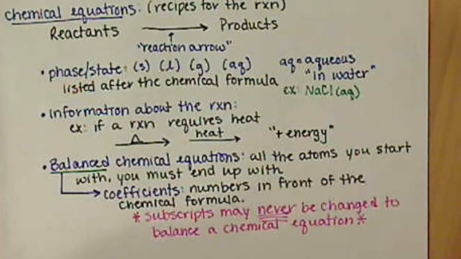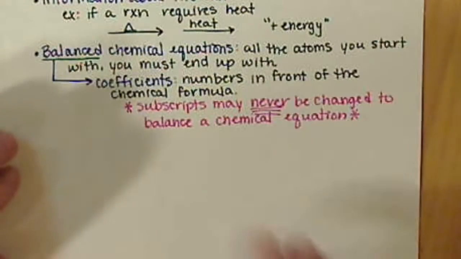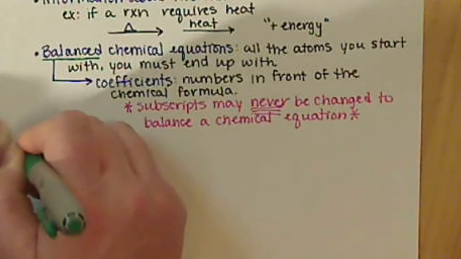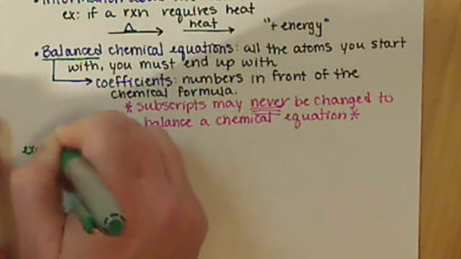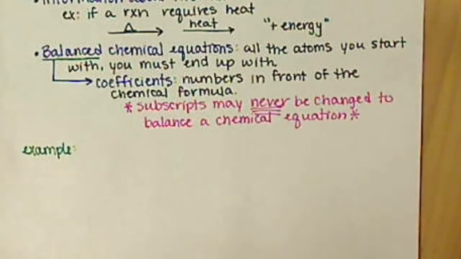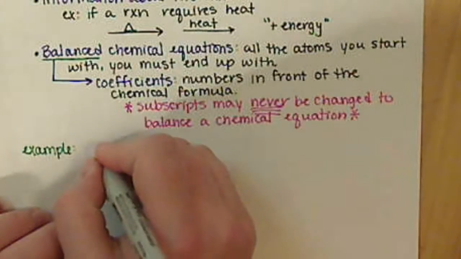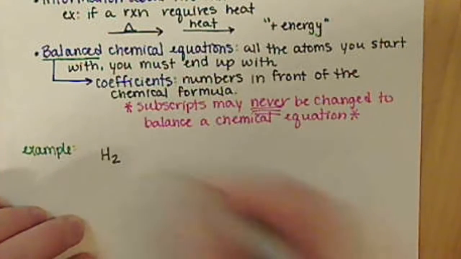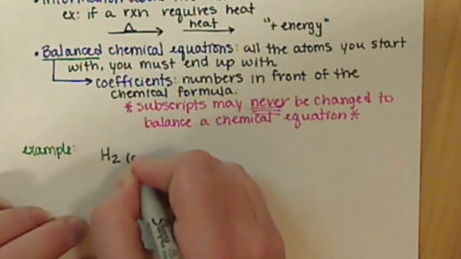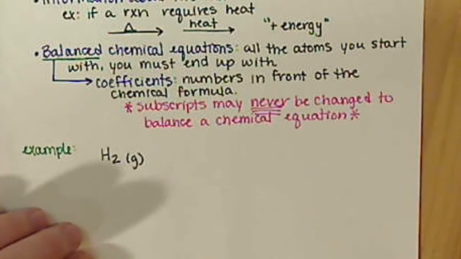So let's look at a simple example. Let's look at, say, the formation of water. So we're going to take H2, that's hydrogen. Remember, it's diatomic, so it gets its element name.